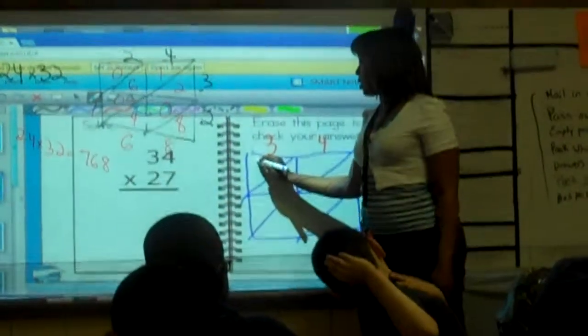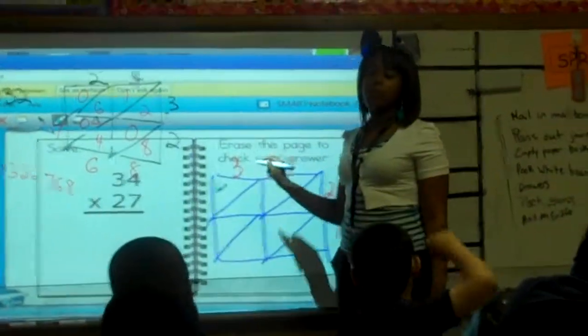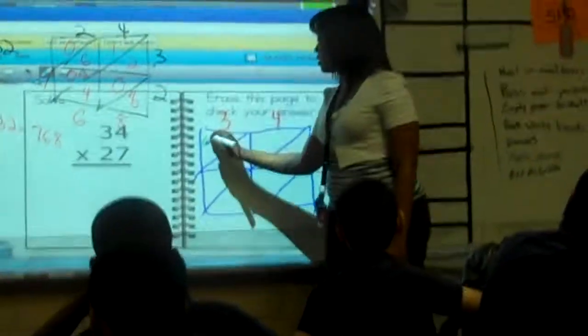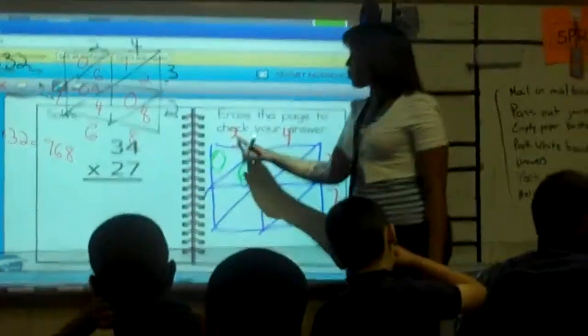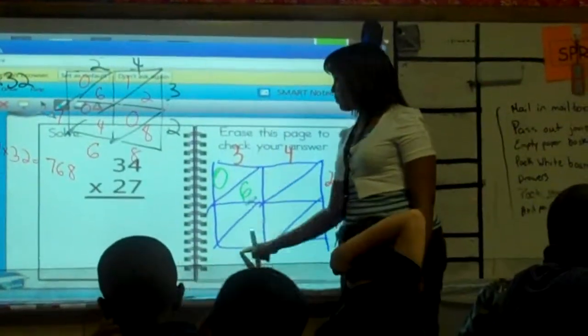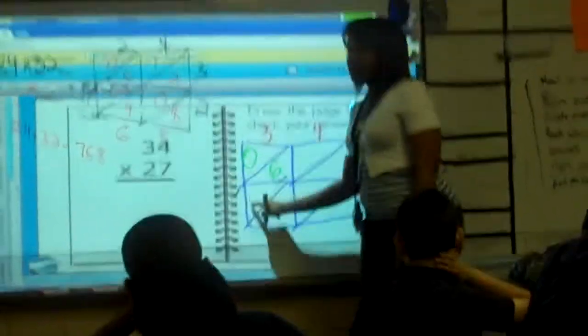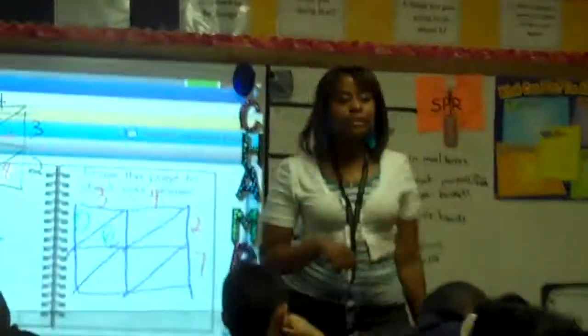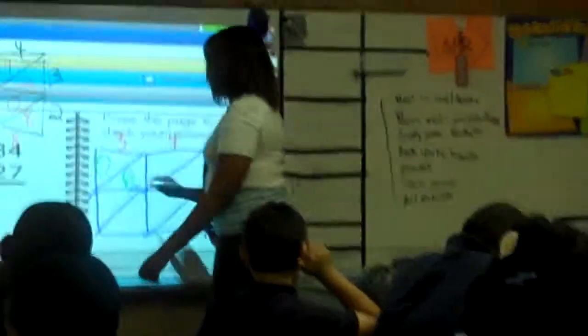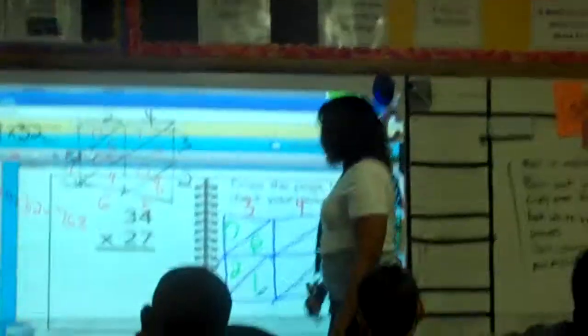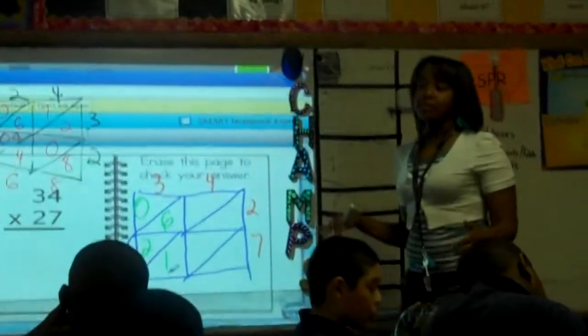So what do we put here? 0, 6. Let me hear everybody. 0, 6. So we're done with the 3. Okay?